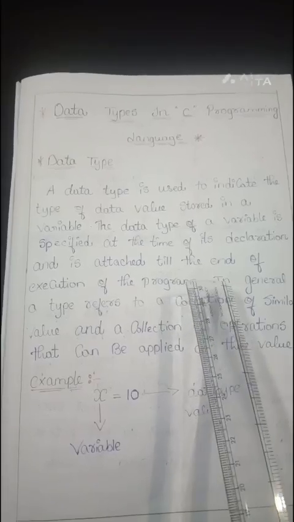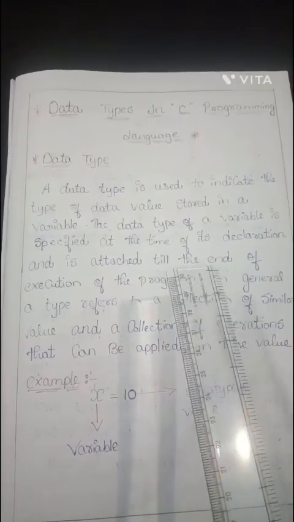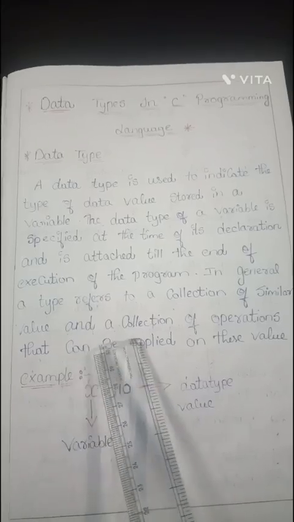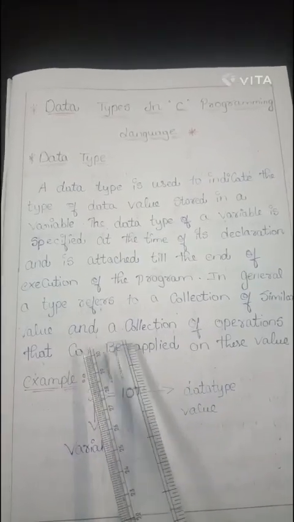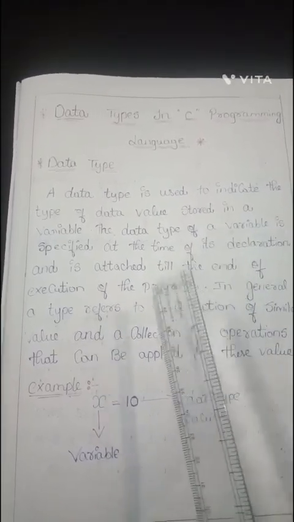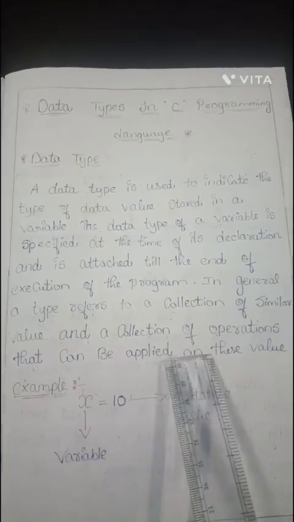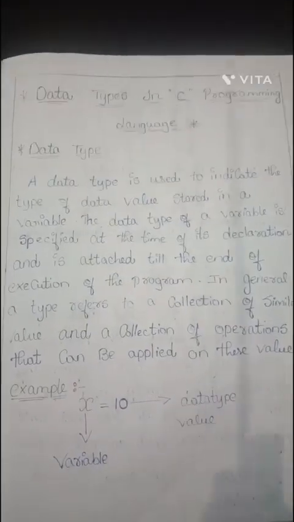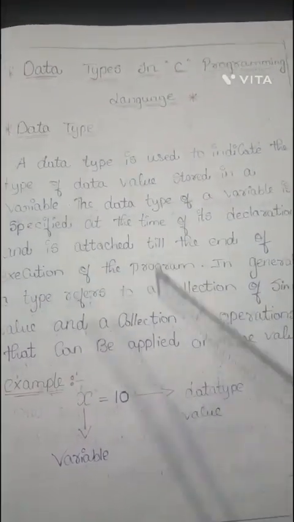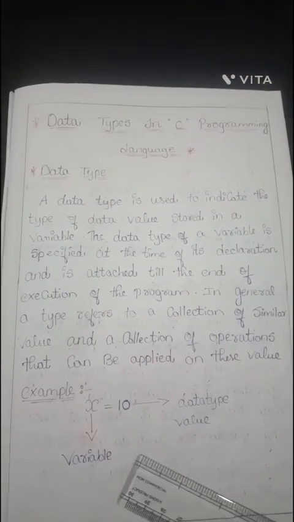Int can be a collection of integers, plus or minus, along with a collection of operations that can be applied on these values. We can apply different operations on this data type's values, such as subtraction, multiplication, addition, etc.